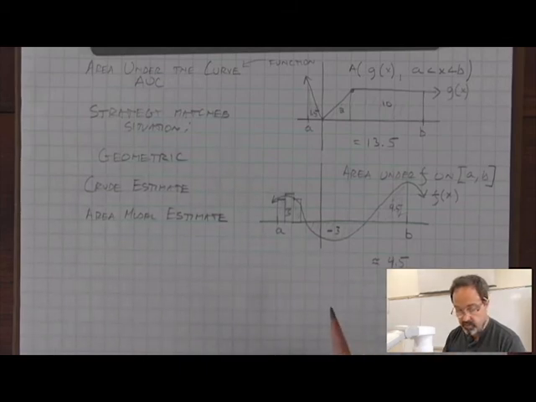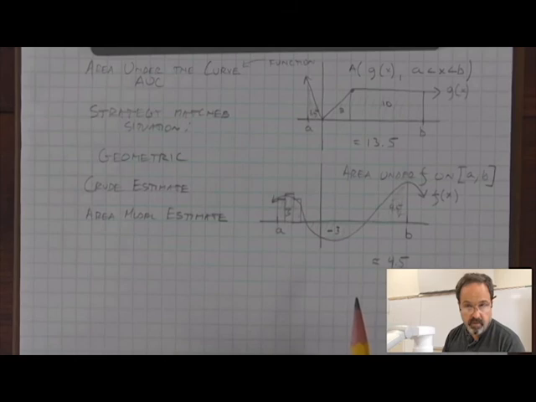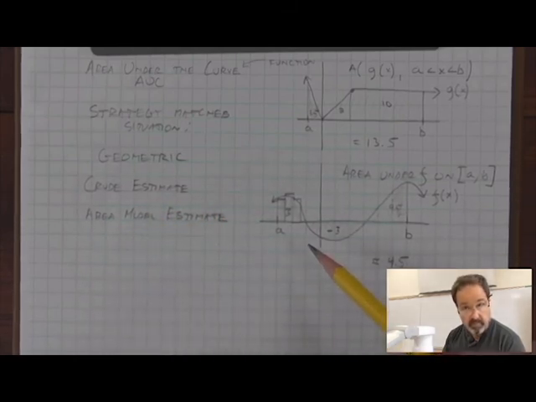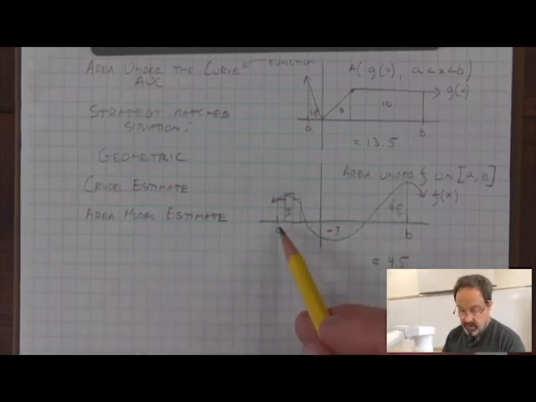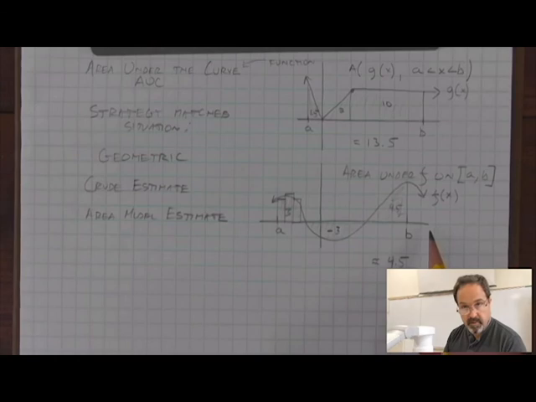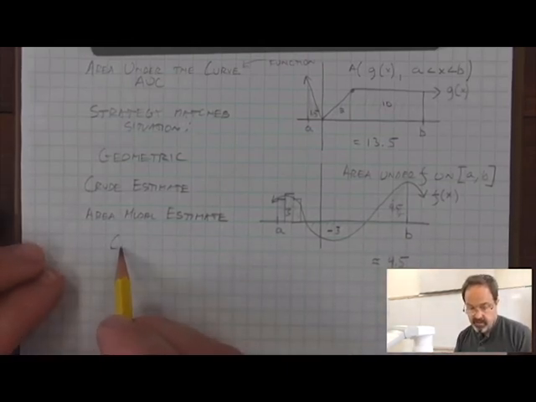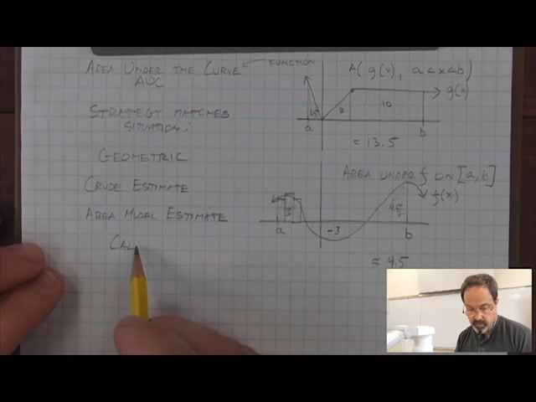But the more rectangles we use, the more accurate our estimate will be. And this area model using rectangles is a process that can get to a better estimate than simply counting boxes in the shaded region. The way to calculate the exact area under the curve requires calculus.